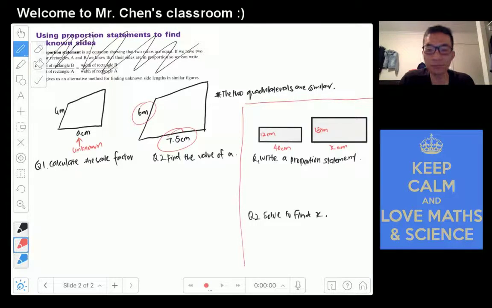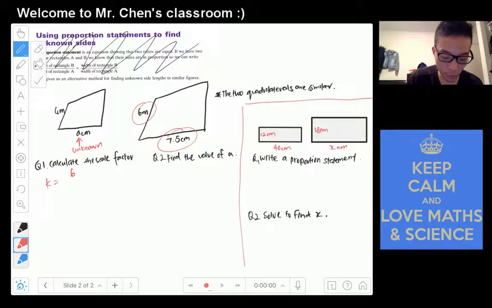So first we have to find the scale factor. So the scale factor is this, okay? We want the length of the larger shape, which is 6.